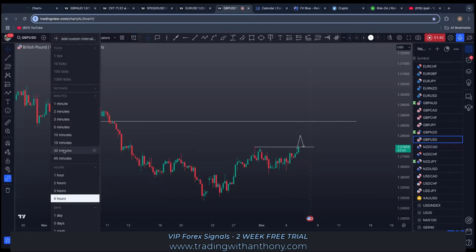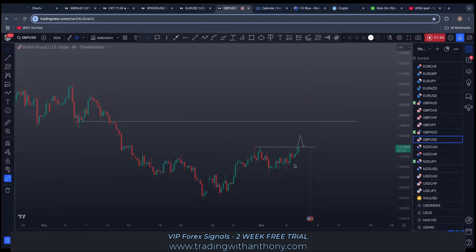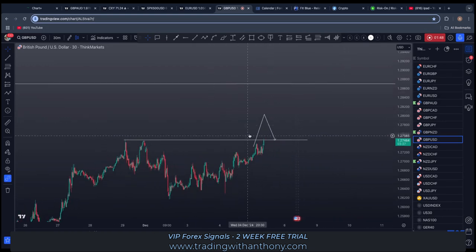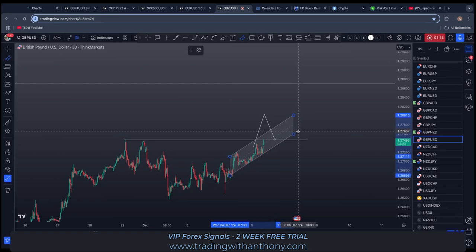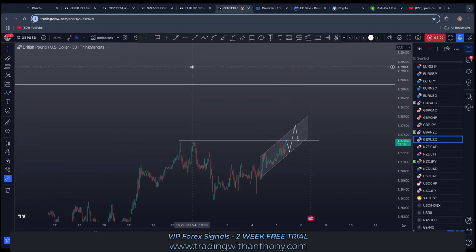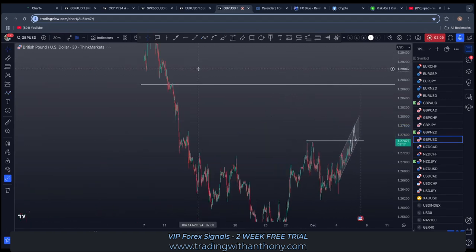We go down to a 30-minute time frame. Just watch this trend, and I want to see a continuation of that. All right, the breakout, the break, retest, and fail, and that would be a potential entry.